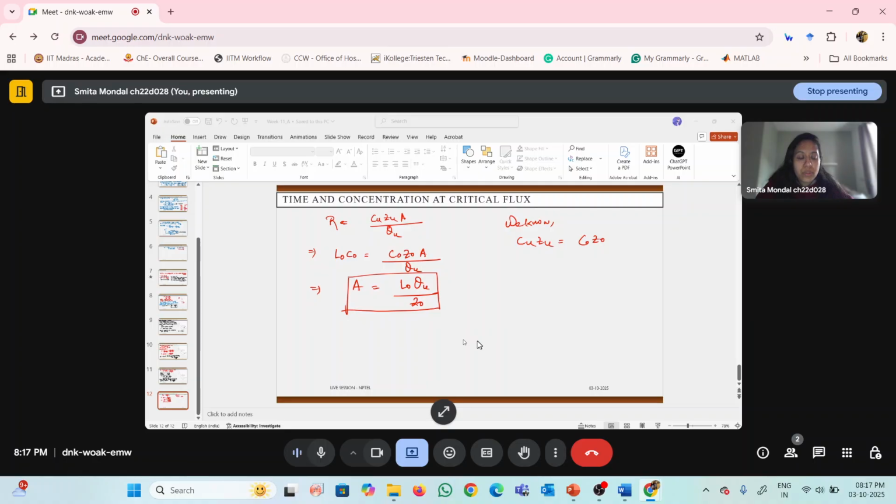Suppose you are not giving enough time, and you are not giving enough cross-sectional area for the thickener, then what will happen?